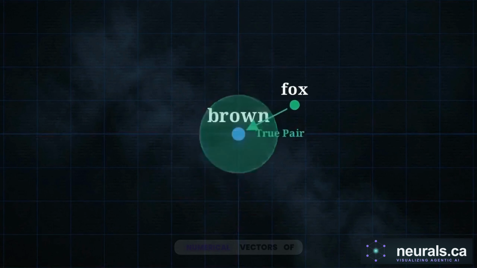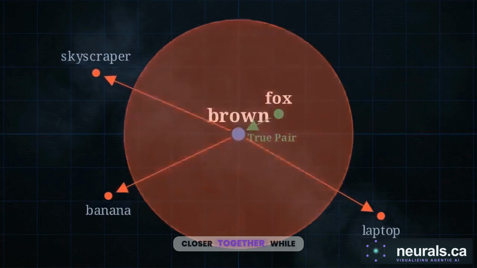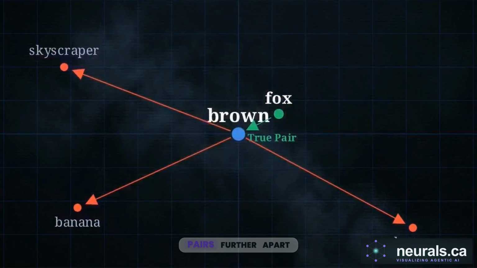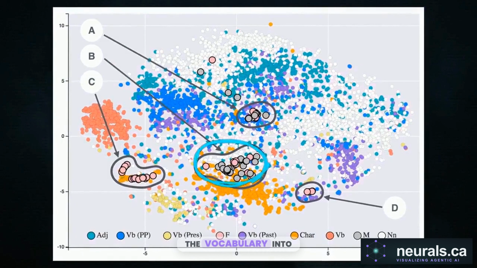It nudges the numerical vectors of true word pairs slightly closer together, while pushing the random word pairs further apart. This scatter plot shows the result after billions of these micro-adjustments. The final matrix organizes the vocabulary into distinct, geometrically separated clusters, with nouns grouping with nouns and verbs with verbs, shaped entirely by their observed roles in the text.